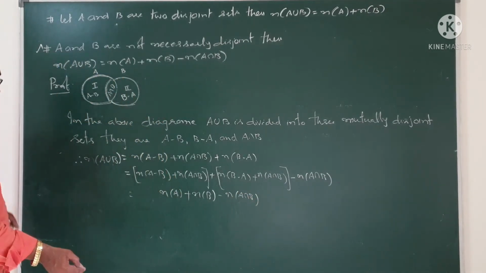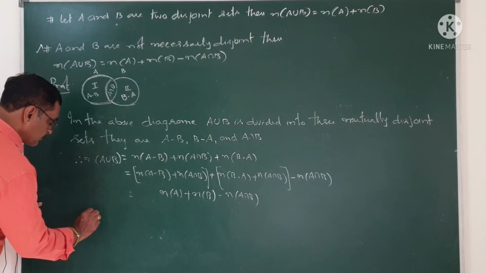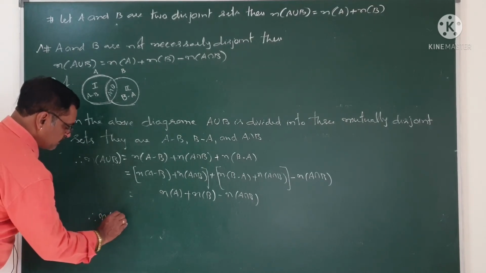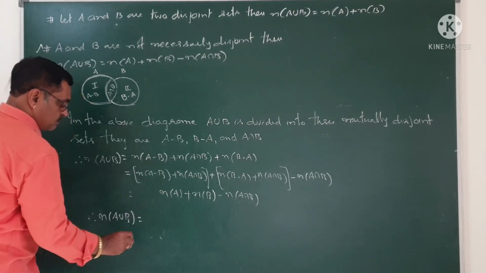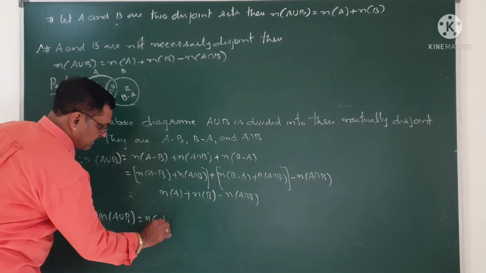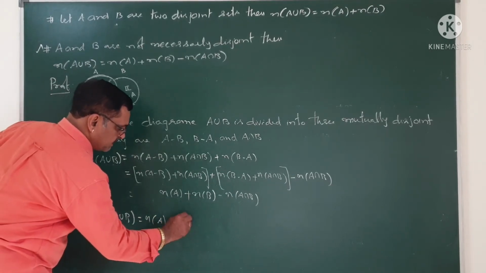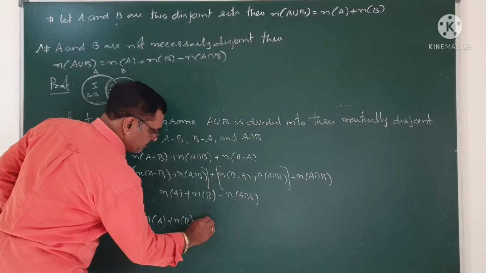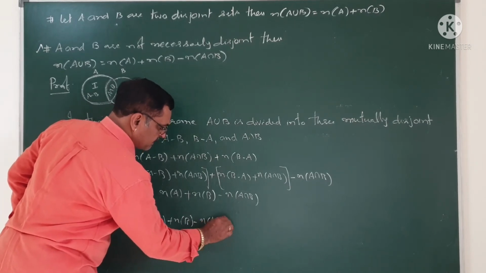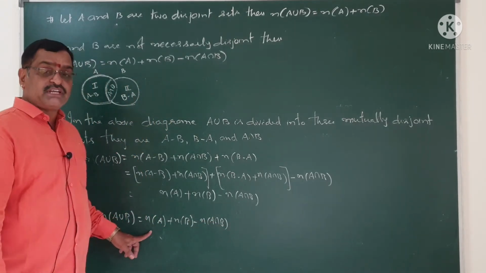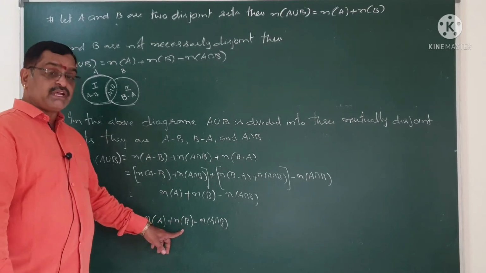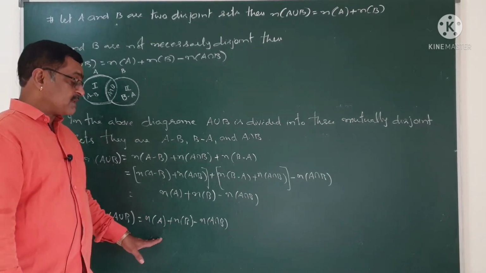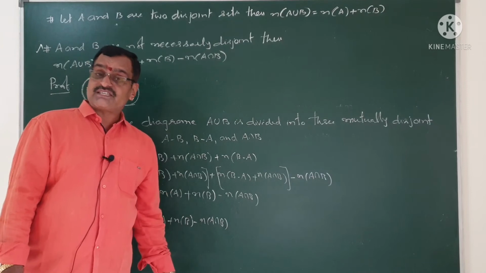That's all. Therefore, n of A union B is equal to n of A plus n of B minus n of A intersection B. That means add the number of elements in A and the number of elements in B. From that total, subtract the number of elements in A intersection B. Why?